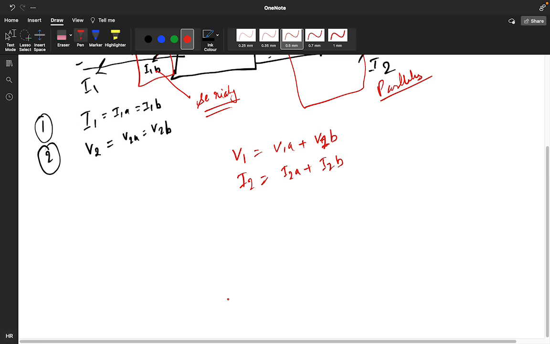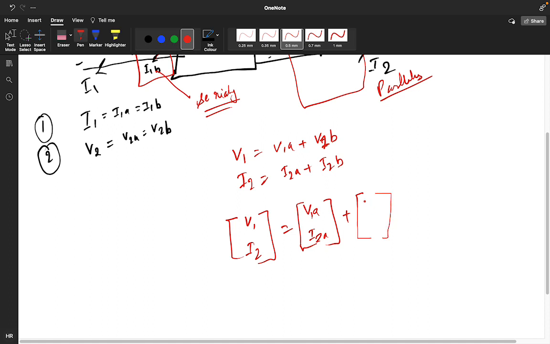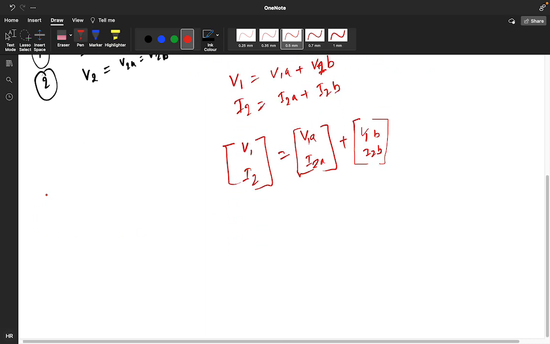So if you solve these equations like this, what you are getting, V1 and I2 is nothing but the combination of V1A, I2A, plus this, it's V1B and I2B.